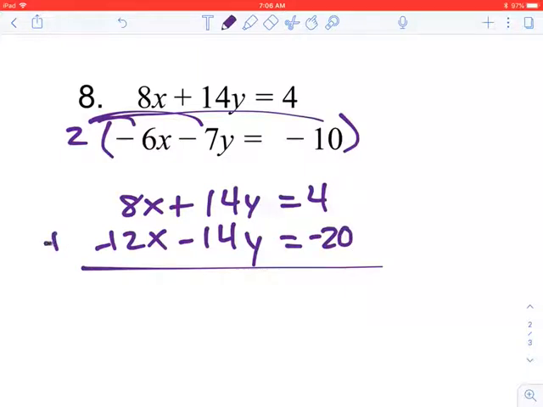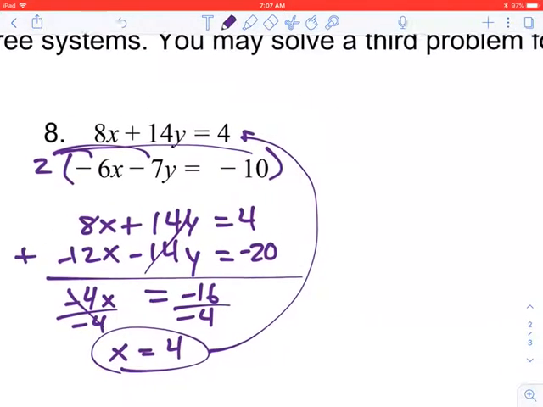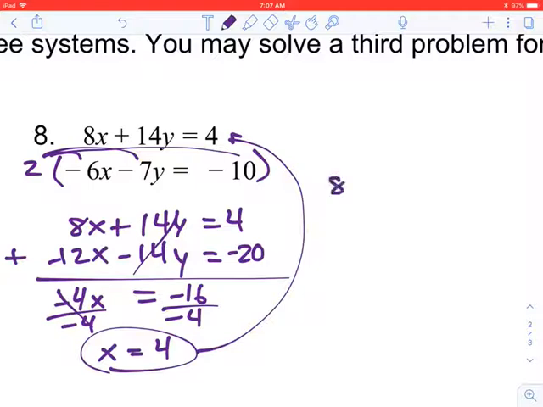Now we can go ahead and combine the equations together. So 8 plus negative 12 is negative 4x. The y's cancel. 4 plus negative 20 is negative 16. Divide by negative 4. Negative divided by negative is positive 4. Then I just plug it back in. I'm going to use the top one and get 8 times 4 plus 14y equals 4.